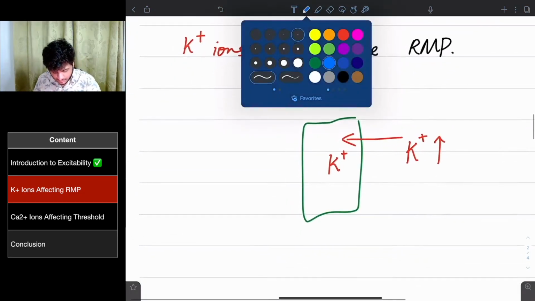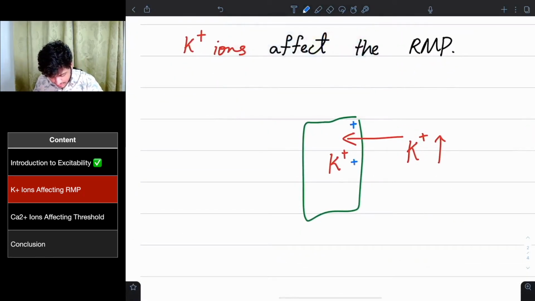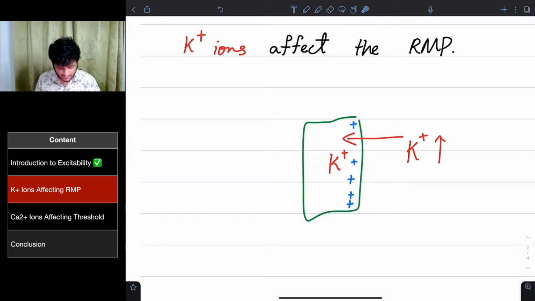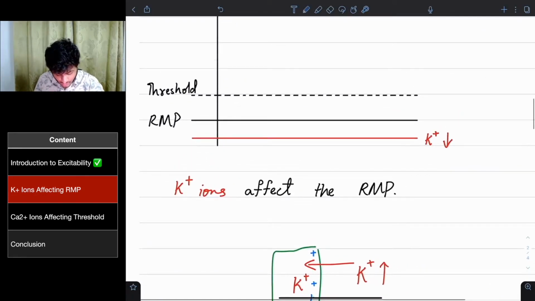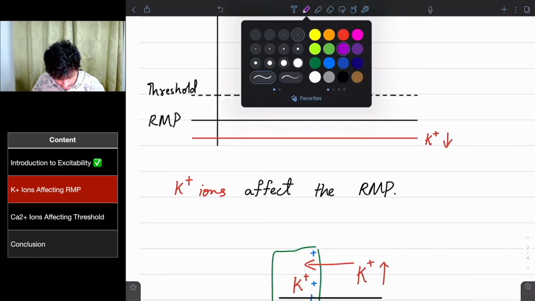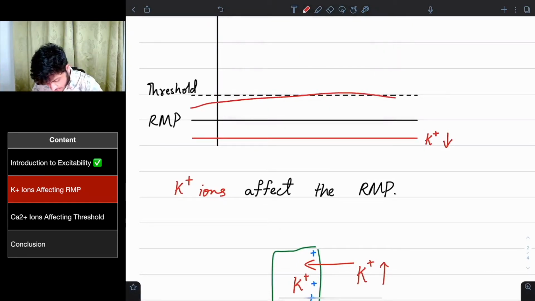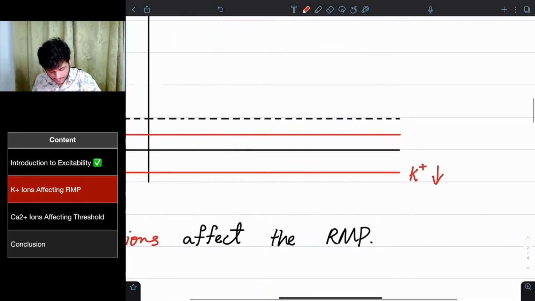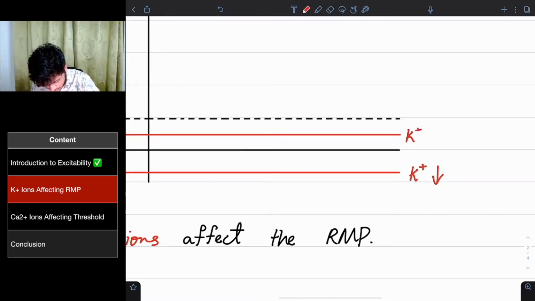Making the cell more positive, meaning it makes the resting membrane potential of the cell more positive. So it would move the resting membrane potential upwards, okay? So that means for here, potassium ions concentration increases, okay?